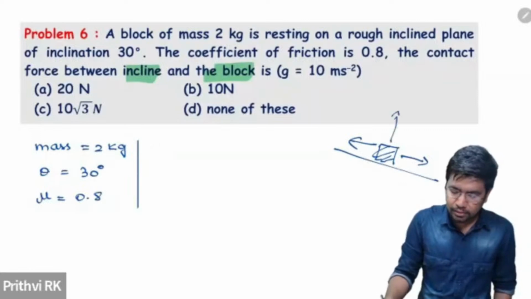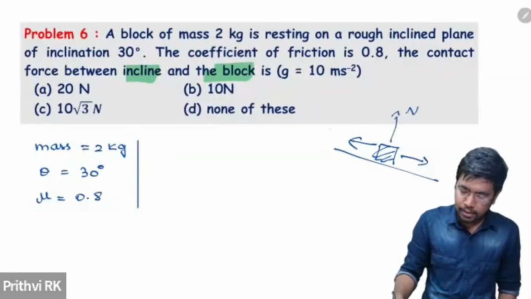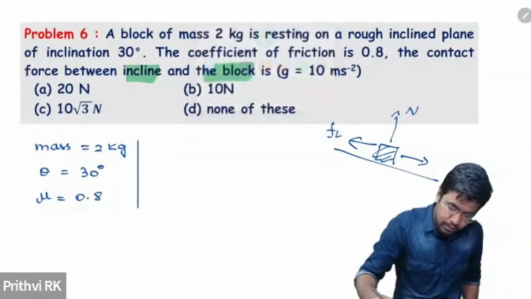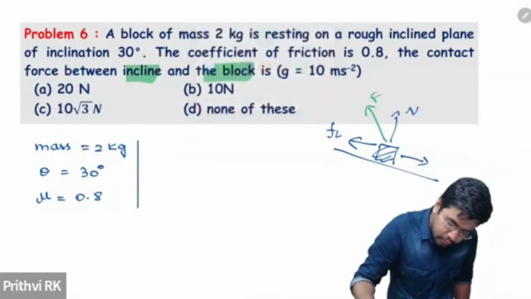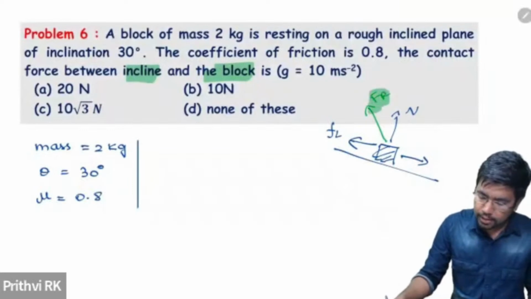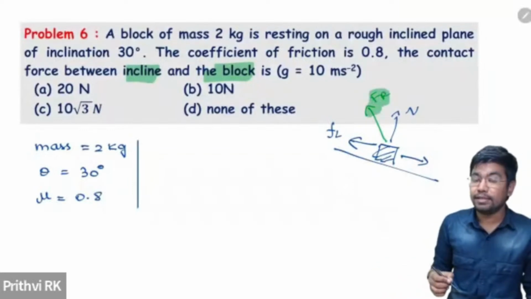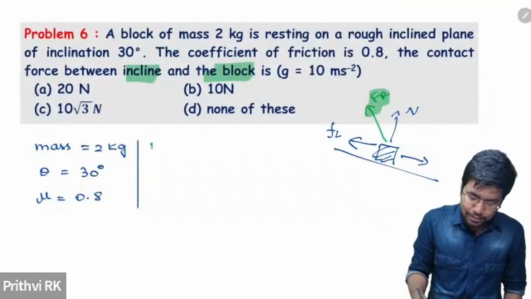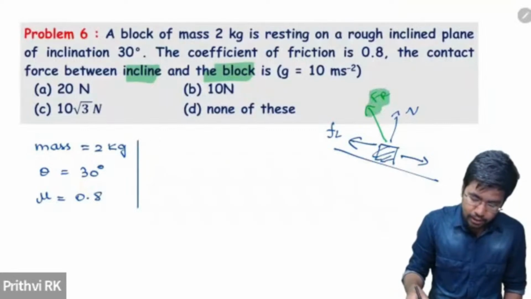Remember me saying that there will be normal force N and there will be frictional force FL. Due to this, there will be a resultant between them, FR. This resultant is what they are asking us to find. They are asking us to find the resultant.